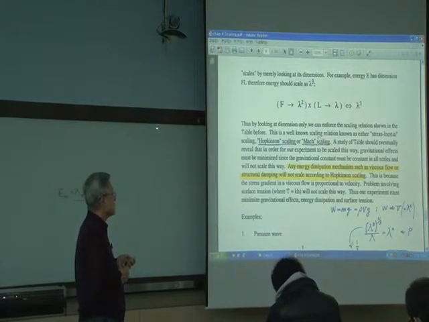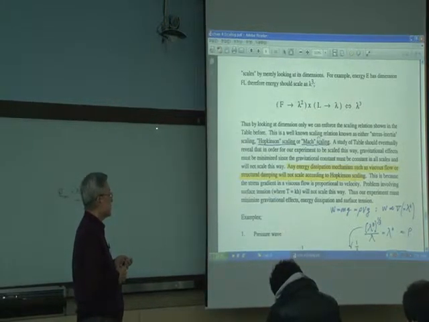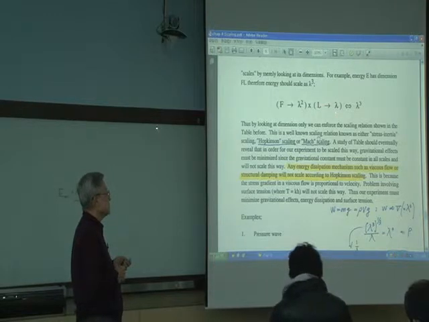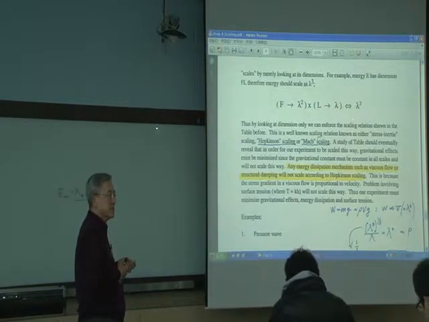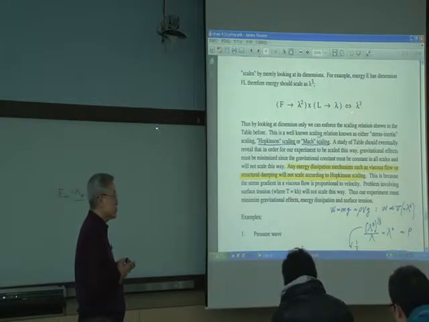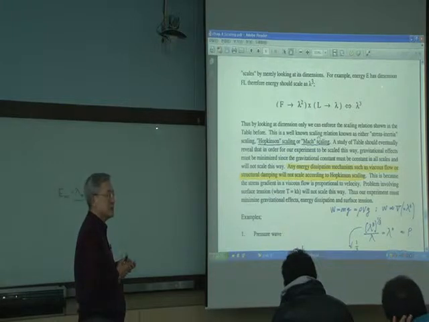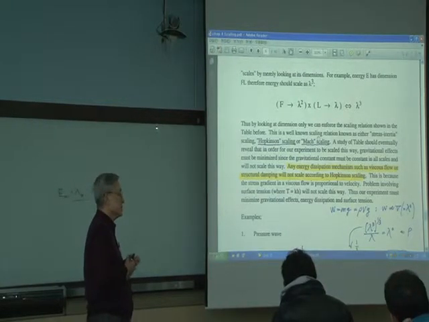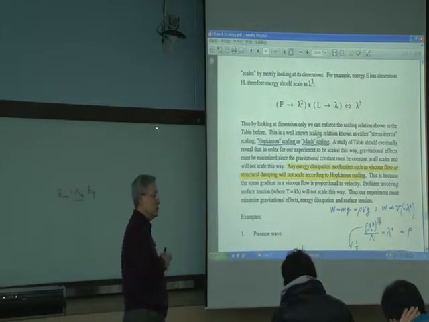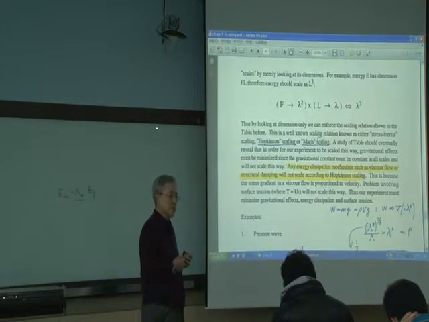Then the scale factor for L is simply lambda. That's given by the basic assumption. Length scales linearly. That's Hopkinson's scaling law, the basic assumption of the scaling law.